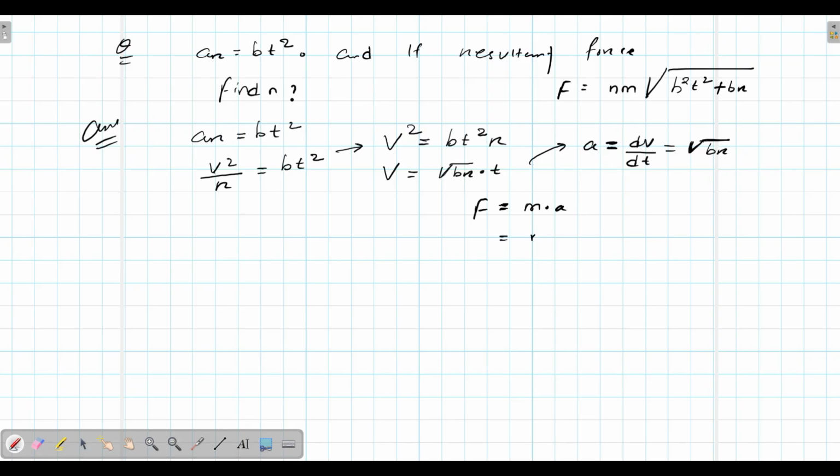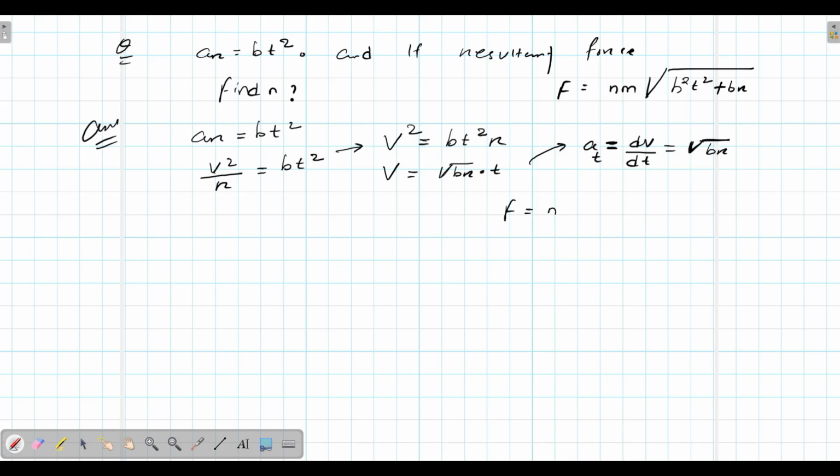This is root over of b r, so this is the tangential part. So force equals mass into acceleration.